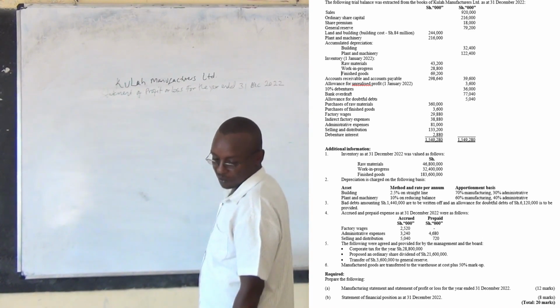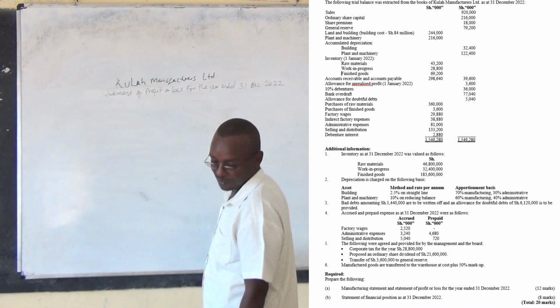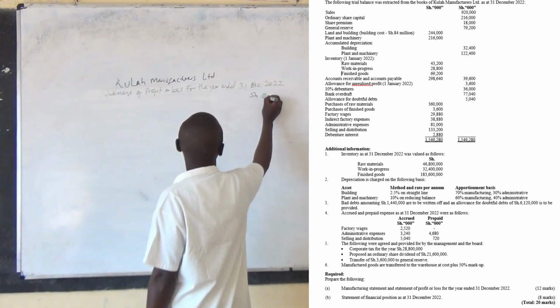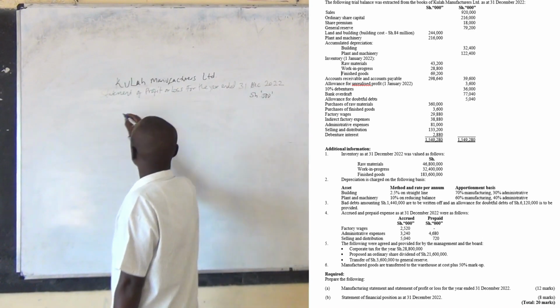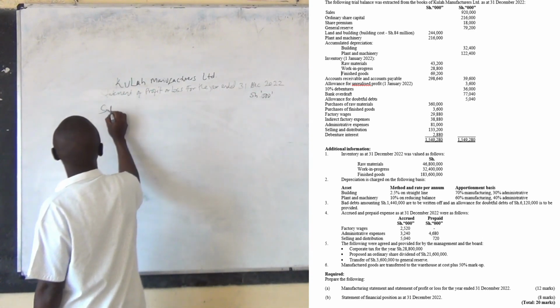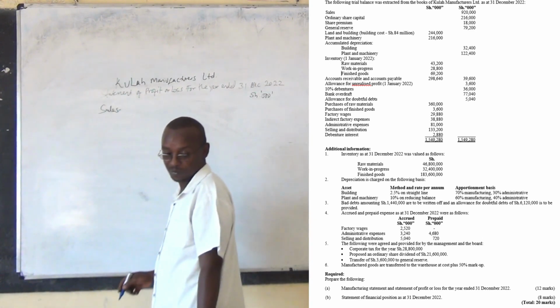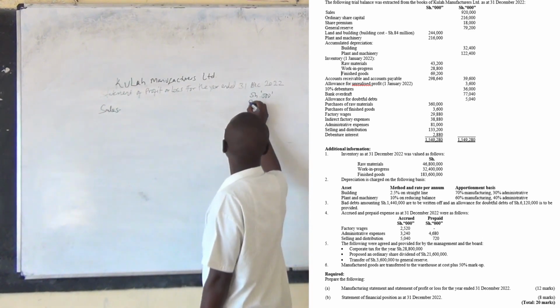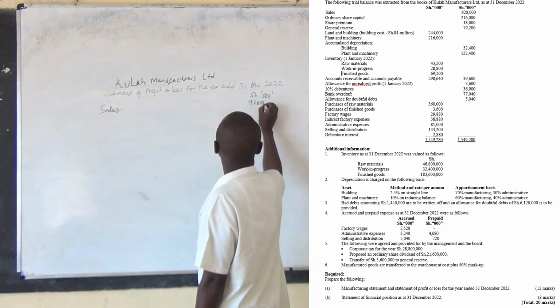So we start out with the figures in sequence. Sales: our sales was 920 million.